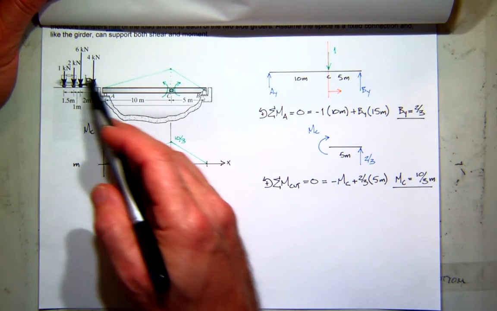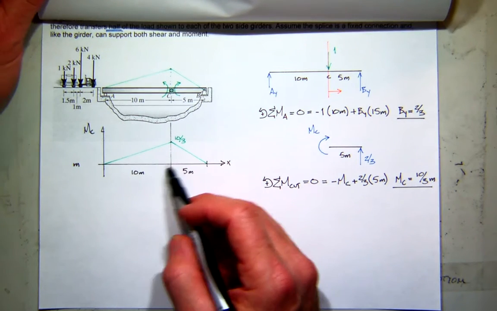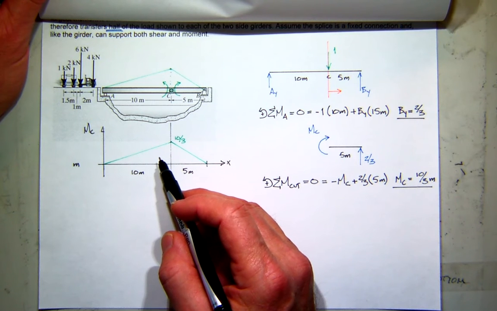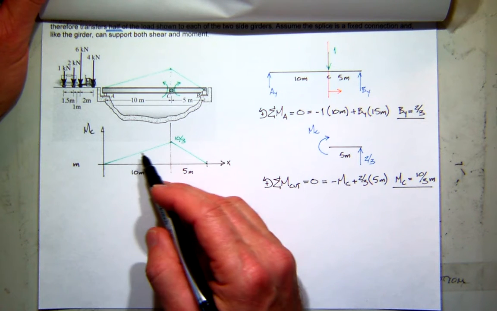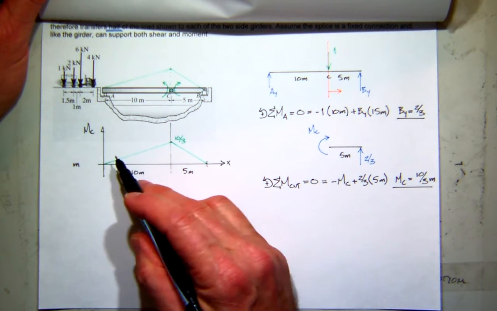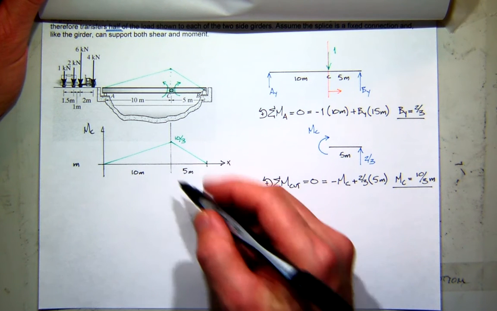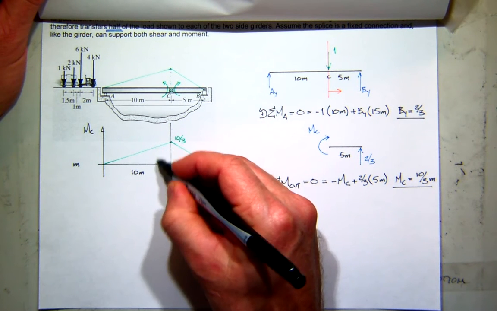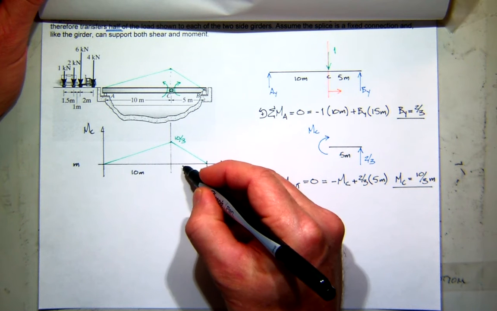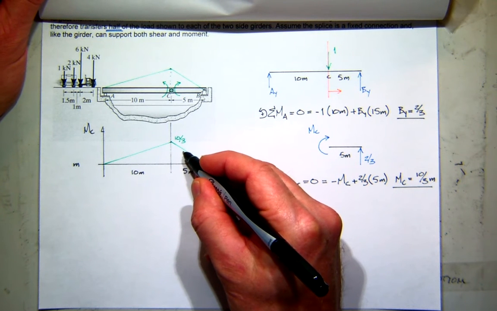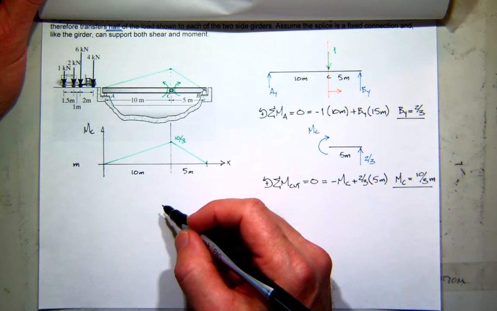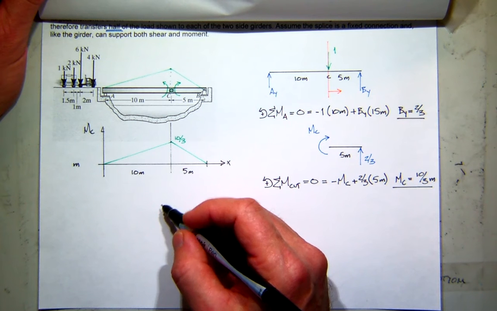So moving from left to right, let's examine the influence line for a second. If my forces are on the left side of this influence line, if I move 1 meter to the left, is this ordinate larger than the value 1 meter to the right? Yes. Which one has the smallest slope? The left side.